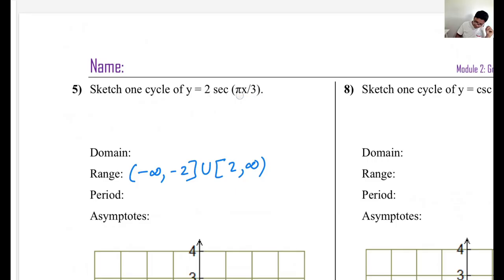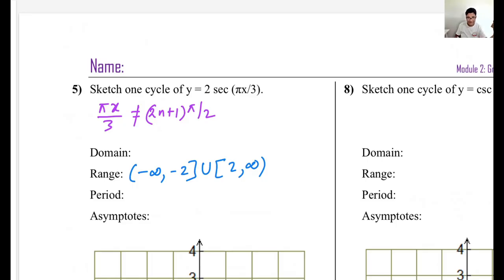What about the domain? The domain will be affected by the action that is being done on x. Our technique is very simple. The argument for the function sec, the input to sec, should satisfy the condition for sec x that we studied. It should not be an odd multiple of pi over 2. So not equal to 2n plus 1 times pi over 2.